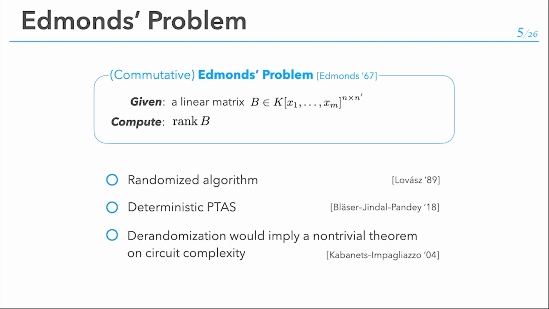The Edmonds problem, or commutative Edmonds problem, which was introduced by Edmonds in 1967, is as follows. In this problem, we are given a linear matrix B over a field K in m symbols, and what we do is to compute the rank of B. We can solve this problem by randomly substituting random values into the x1 to xm.